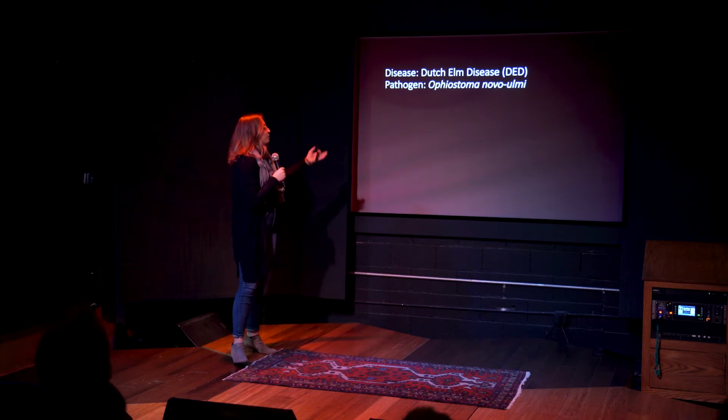And it started spreading, and some of the elms were able to survive. But then later, the scientist that discovered that this is how Dutch elm disease was introduced into the United States was a Dutch scientist, which is why it's Dutch elm disease. So she got credit for that.